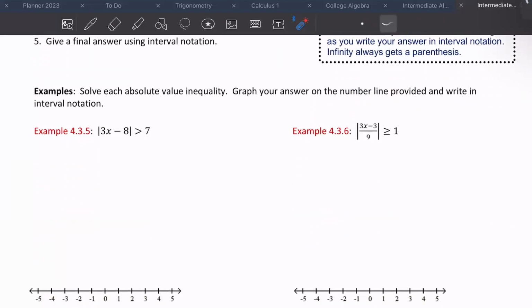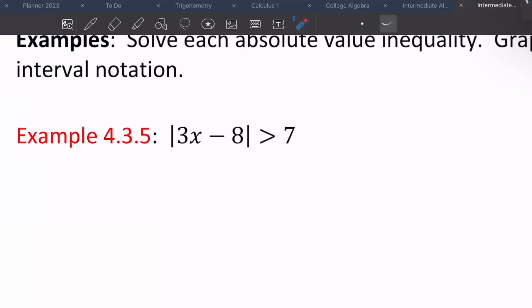All right, so let's look at this guy. We need to identify "and" or "or". These are all "or" statements, and we read this as the absolute value of 3x minus 8 is greater than 7.